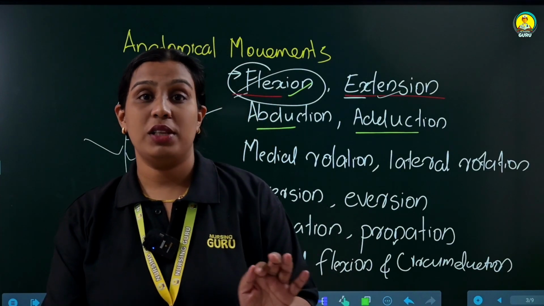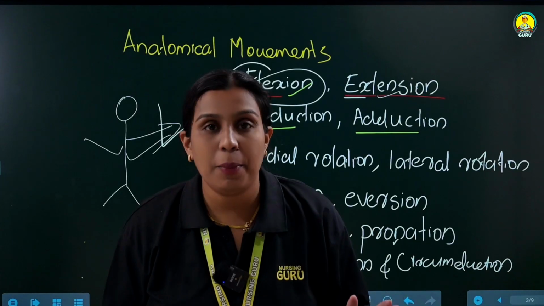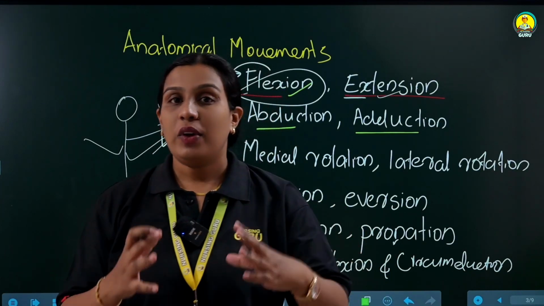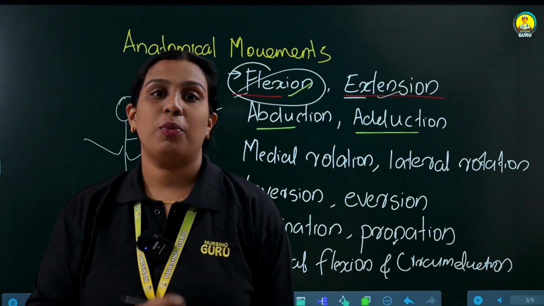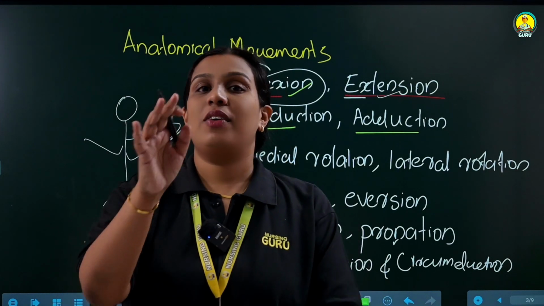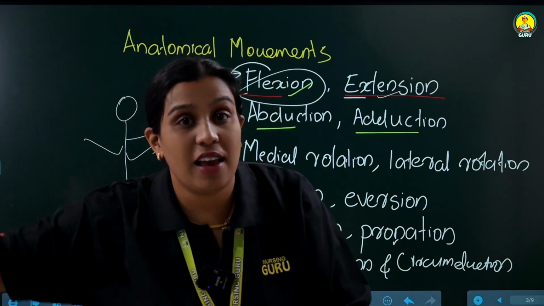Okay, any doubt, you can mention here. Next is adduction, which means moving a body part towards the midline of the body. Example, when you bring your arm or leg back towards your body, that is adduction. Is it clear? Okay, so I will tell you a simple tip. Abduction means think, that is away.